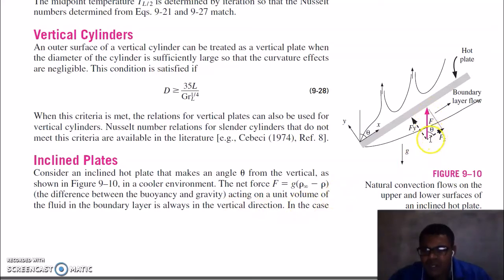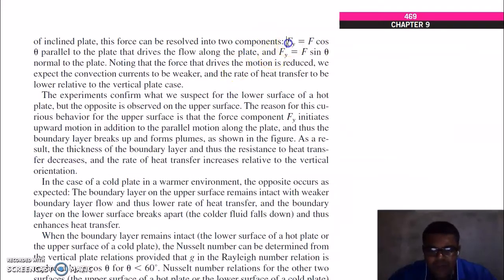So in this case there are two components, one is Fx, one is Fy. Fy will act perpendicular to the plate surface and Fx is responsible for the flow of the fluid. So Fy is equal to F cos theta, Fx is equal to F sin theta.